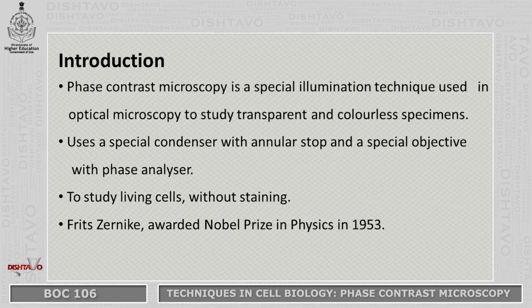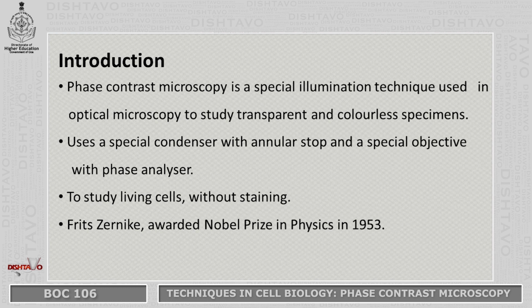The introduction. A phase contrast microscope uses a special illumination technique in optical microscopy to study primarily transparent and colorless specimens. Here, a special condenser with an annular stop and a special objective with a phase analyzer is used to study the living cells.